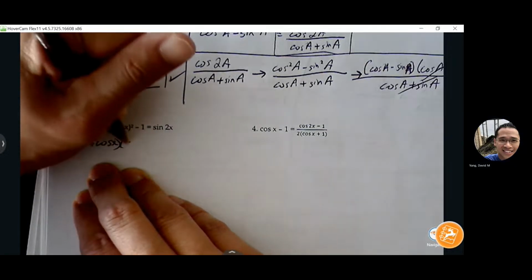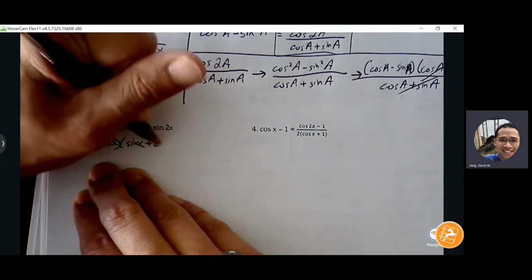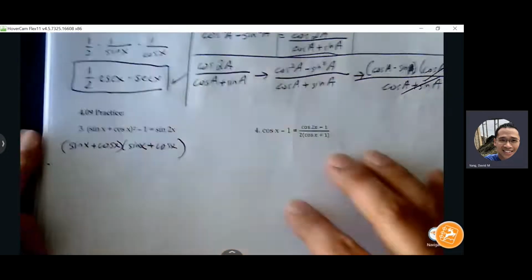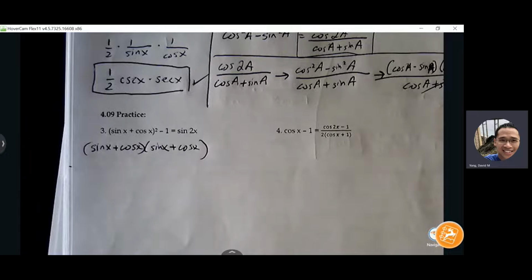So the safest thing to do is to write it out twice so that you remind yourself to distribute and you don't forget there's going to be more than just sine squared and cosine squared. So I'm going to follow this out.